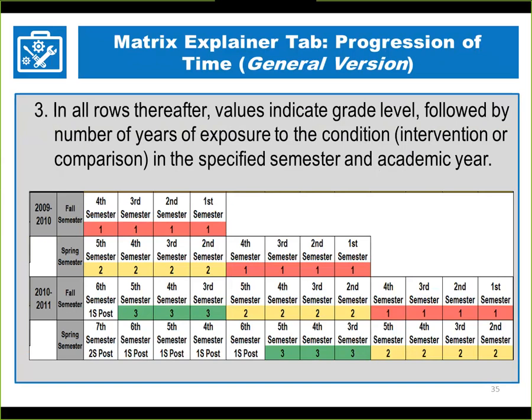So all subsequent rows have a heading to indicate the school year and the semester, fall or spring, that's represented by the row. And as described previously, cells in these rows provide information about students' grade level and amount of exposure to the condition or the post-intervention follow-up.